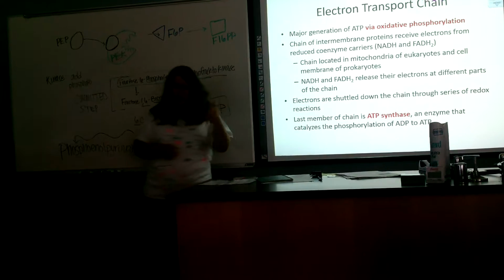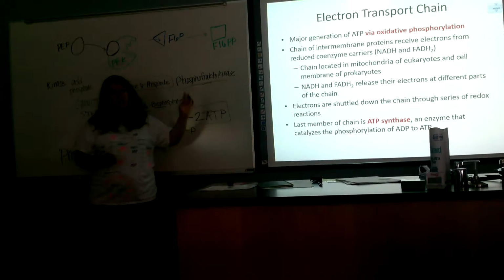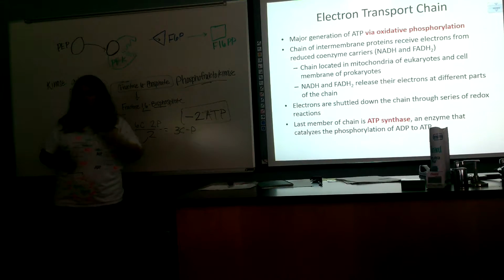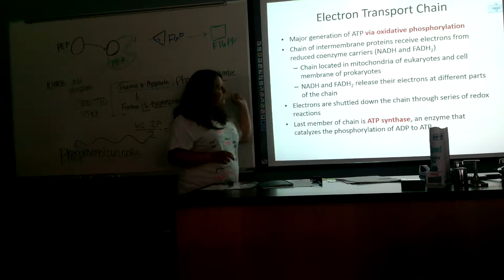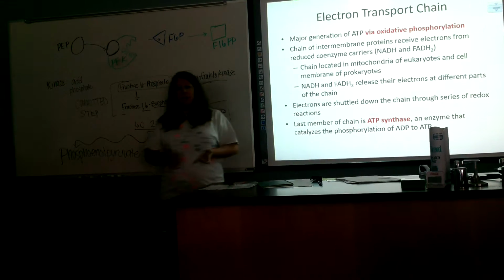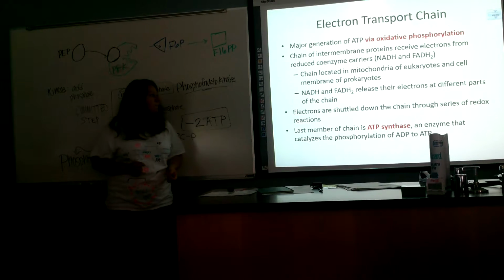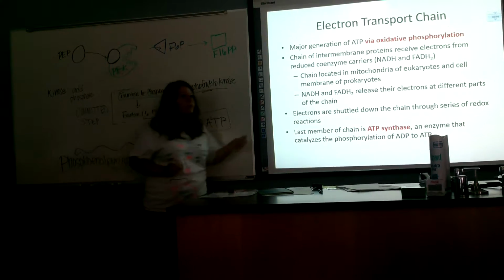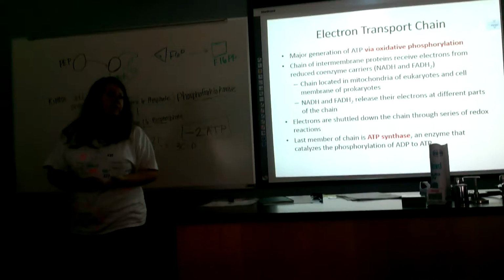Okay, so what's going on in the electron transport chain? I like to picture this as a relay race of electrons. So whereas normally you would hand off a baton in a relay race, you're handing off electrons here. So it's just a chain of a bunch of proteins that are receiving and handing off electrons from electron carrier molecules. Depending on who the electron carrier is, it's going to release its electrons at a different site.